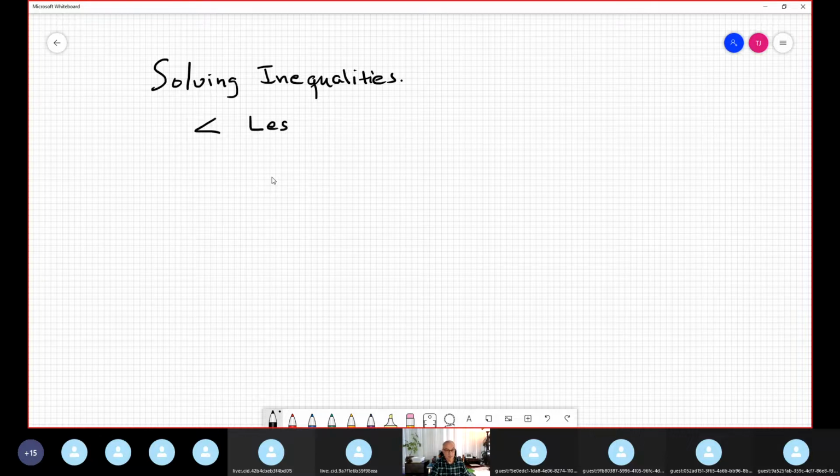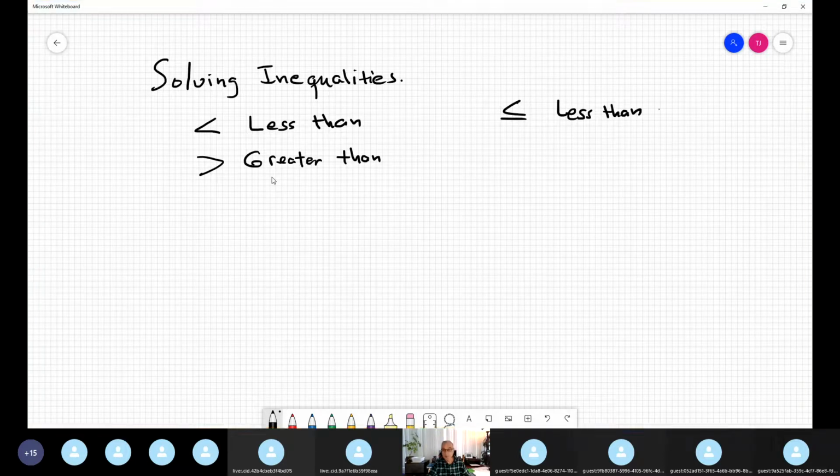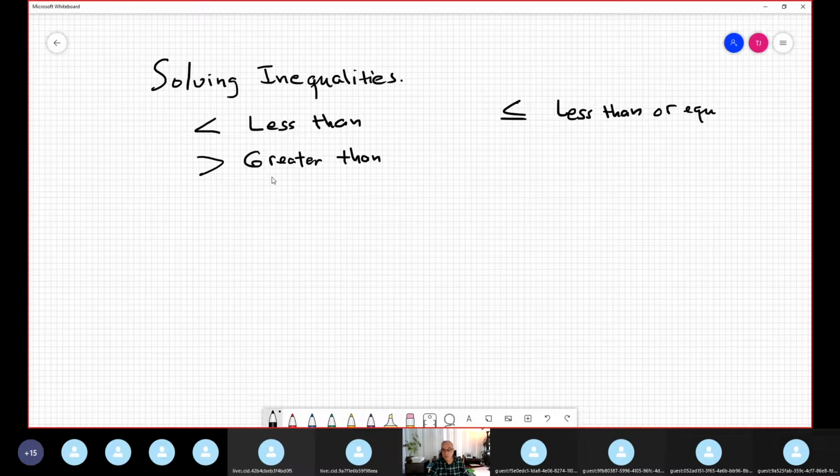Less than, greater than, that symbol is less than or equal to, and greater than or equal to.